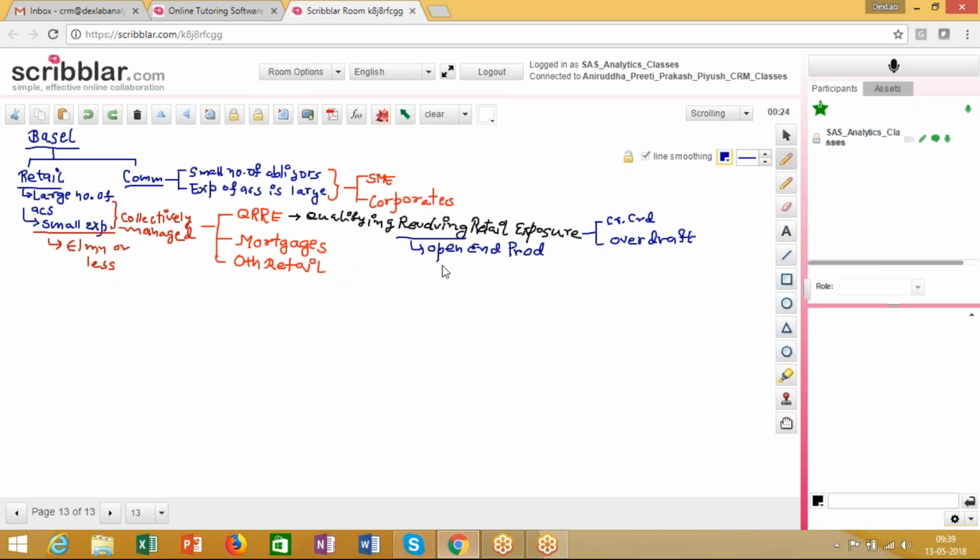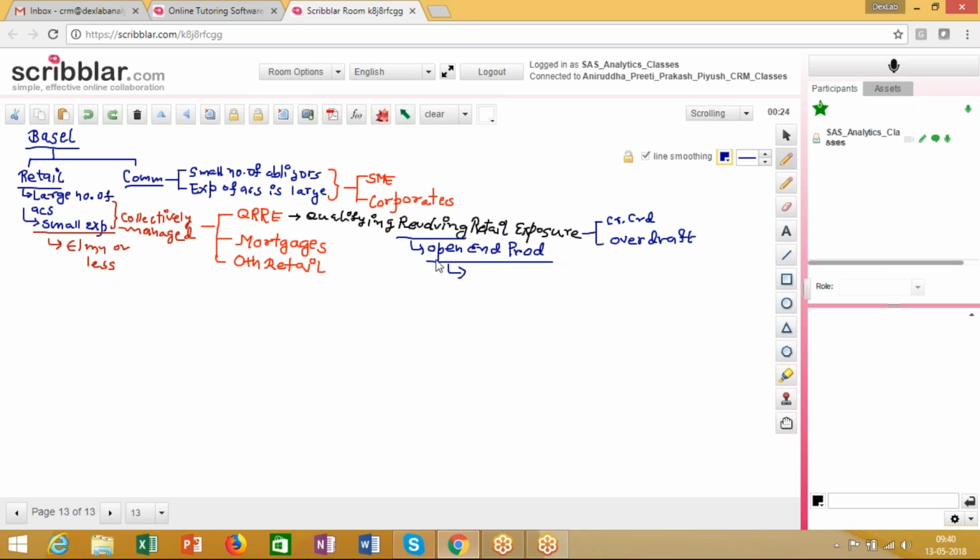Now, when I talk about an open-end product, what do I mean? What it means essentially is that this product does not have a fixed term over which it needs to be repaid.